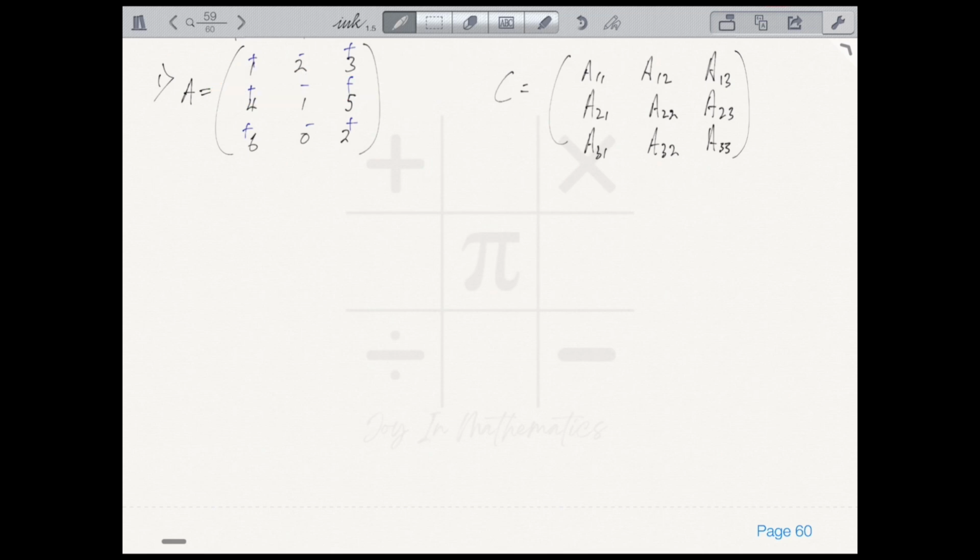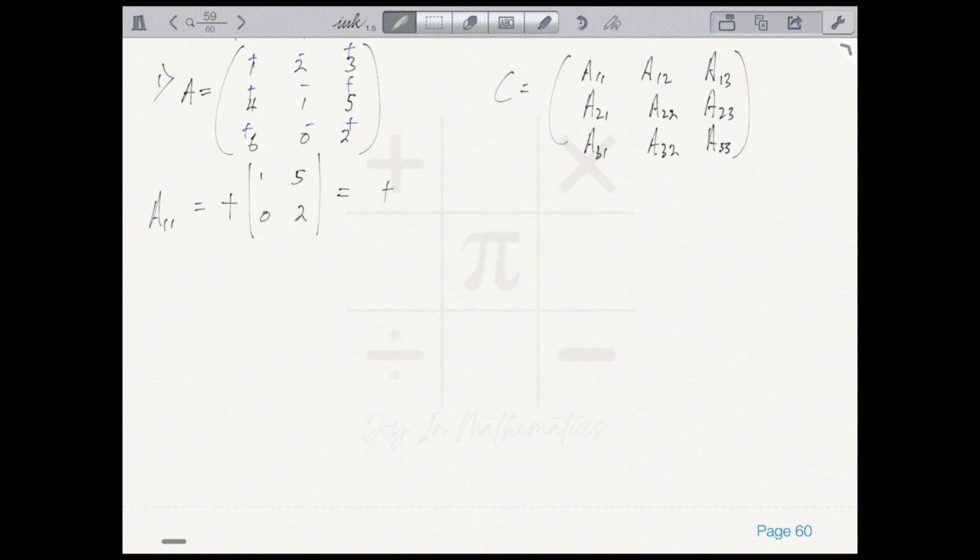So the cofactor for element 1, that's A11. First of all, the place sign, as we've seen before, and the determinant of a 2 by 2 matrix will be generated by highlighting horizontally and vertically: 1, 5, 0, 2.